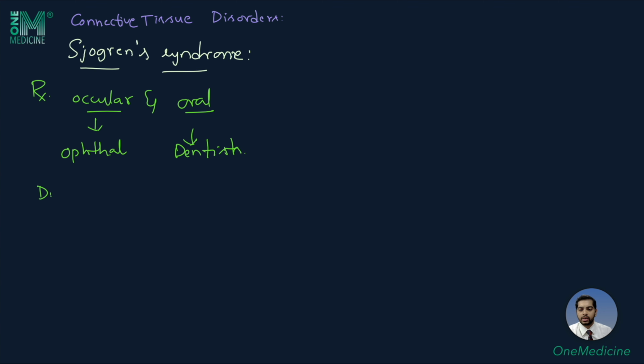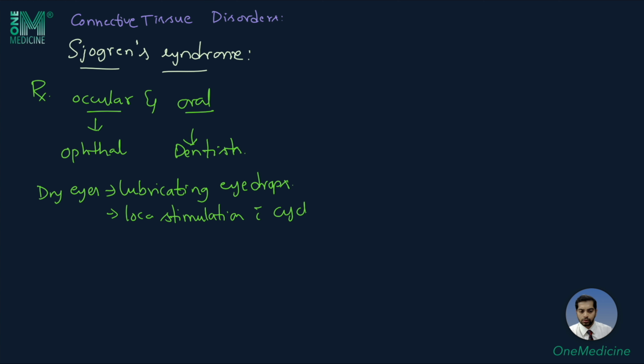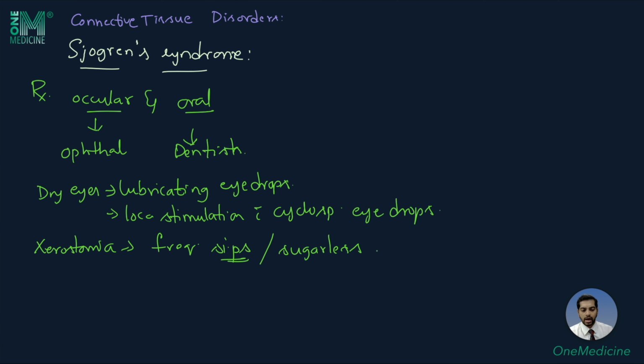Dry eyes can be treated with lubricating eye drops, local stimulation with cyclosporin eye drops can be used. For xerostomia, frequent sips of water can be used, or patients can have sugarless candies.